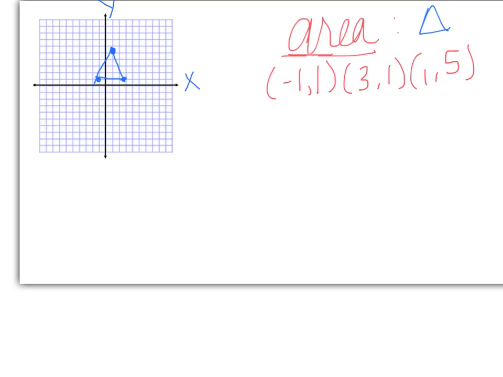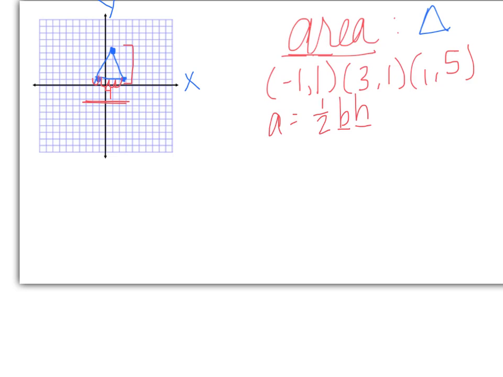Alright, so we know that the formula for finding the area of a triangle is 1/2 base times height. So we need to figure out what our base and our height is. Our base, remember, is just this bottom here. So if we count 1, 2, 3, 4, our base is 4. Now our height is from the top to the bottom. So our height is going to be right here, from here to the bottom.